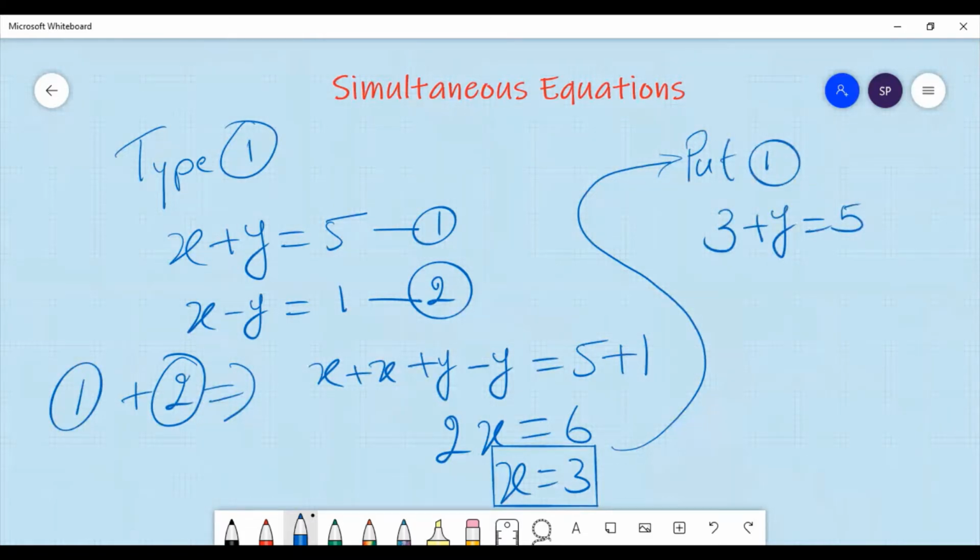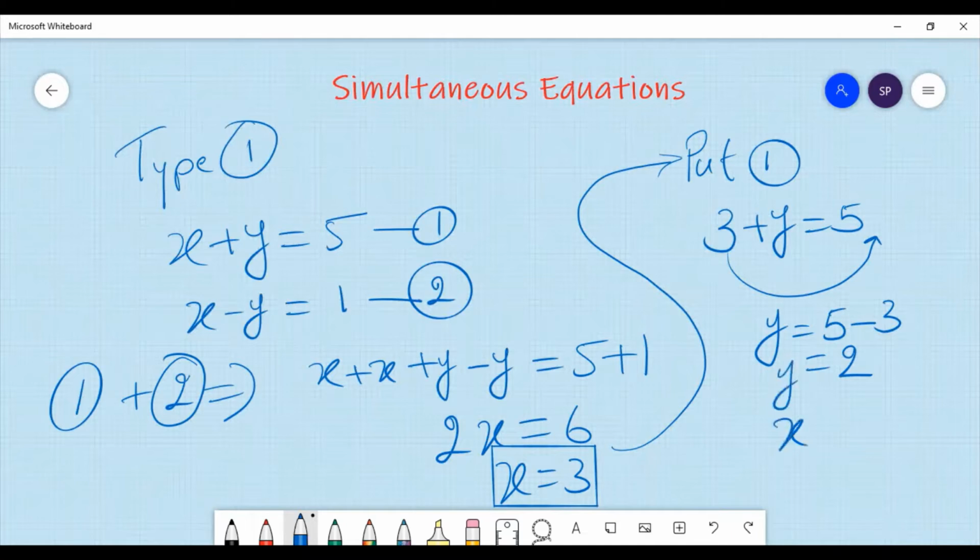You just need to bring the 3 to the other side. So y equals 5 minus 3, which is equal to 2. Therefore, you have x equals 3 and y equals 2.